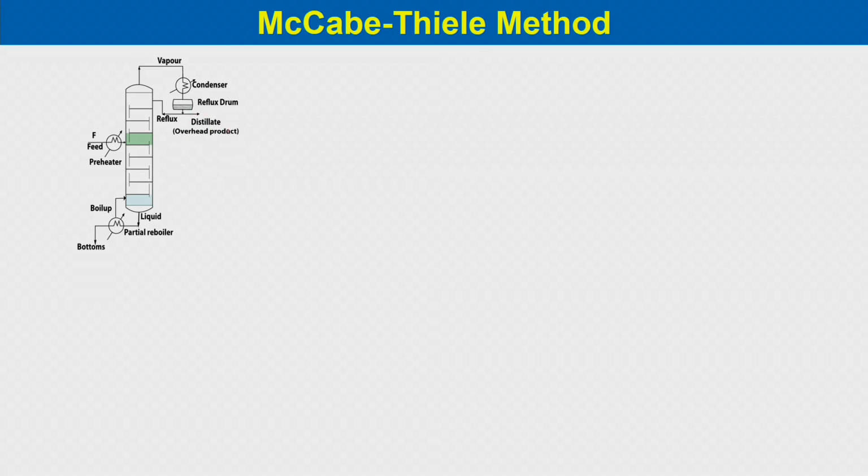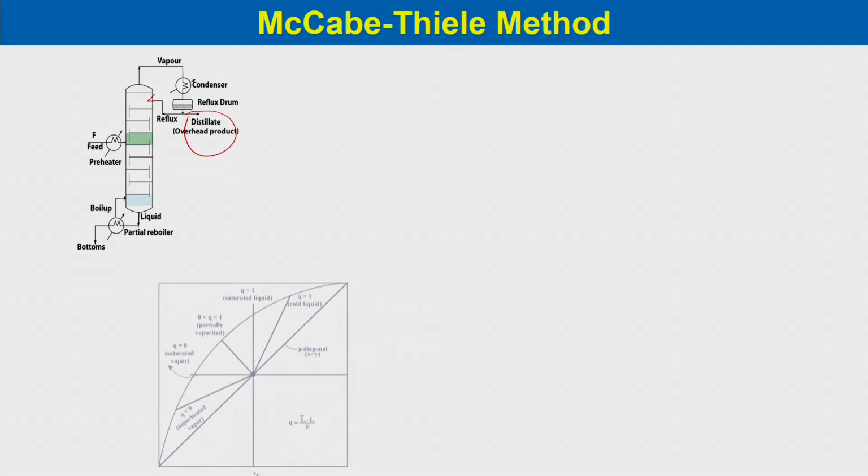Part of the product is taken as distillate and part of that is returned back as reflux to the column. The liquid comes down and there is a partial reboiler where it is boiled off. The boil-off vapor goes to the tray, returned to the column, and the product is taken as bottoms.